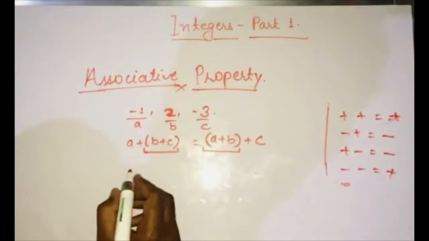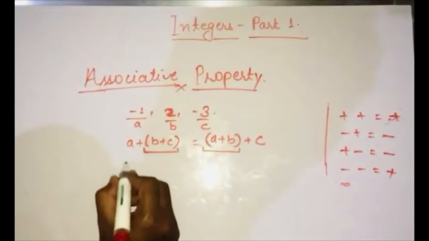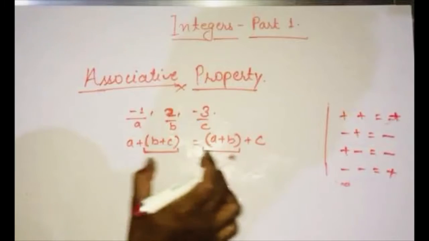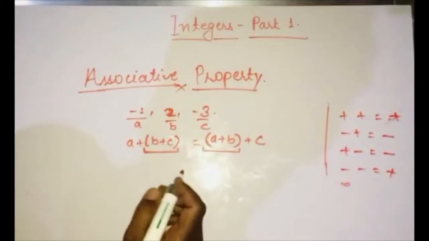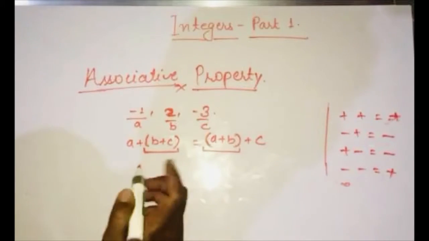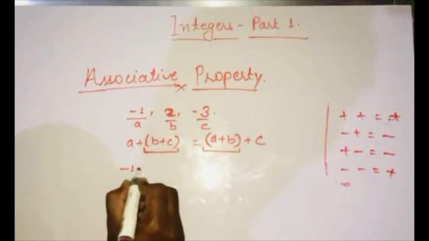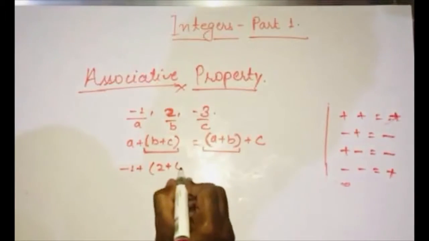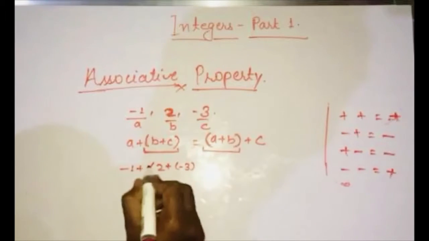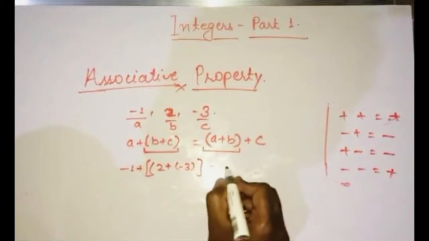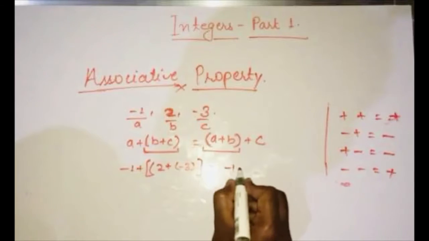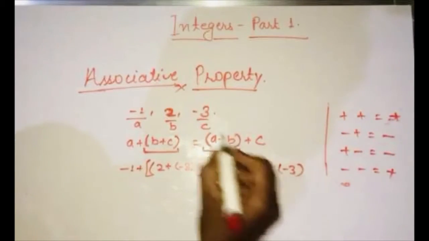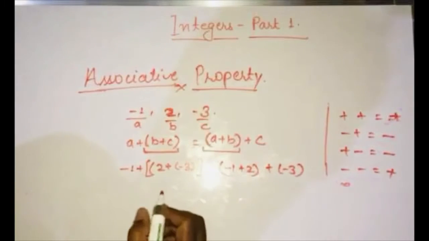So just by applying these integers, I have written this associative property. I'll explain in a bit more detail how this came. I'm just keeping it here: minus 1 plus, in brackets, 2 plus minus 3, equal to, in brackets, minus 1 plus 2, plus minus 3. Whatever example I took, I just kept them here.